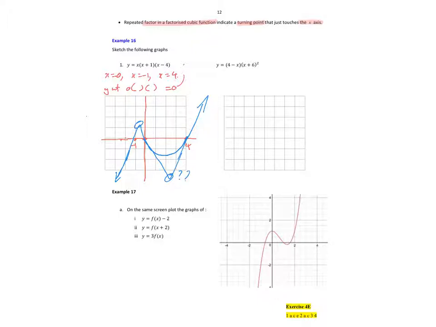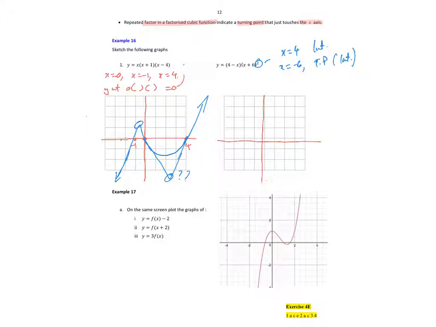Question B. Let's pop the graphs in. So what do we know here? I know that at x equal to 4 is an intercept, and at x equal to -6 is actually a turning point at the intercept because it's a repeated factor.